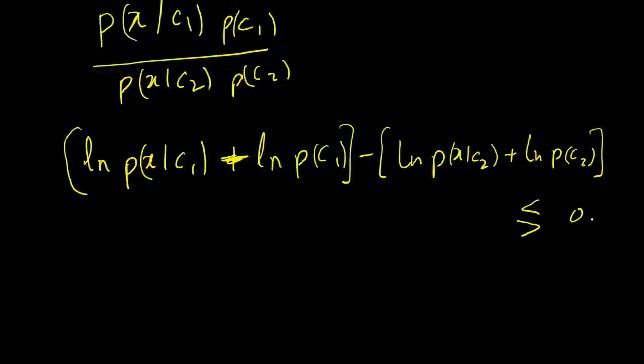If it is greater than 0, then we will make a decision in favor of c1. If it is less than 0, we will make a decision in favor of c2. So this is the general setting.